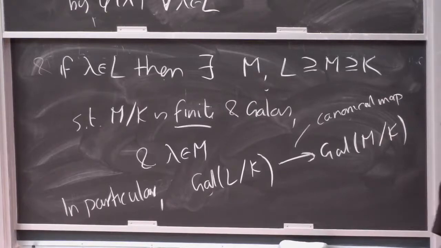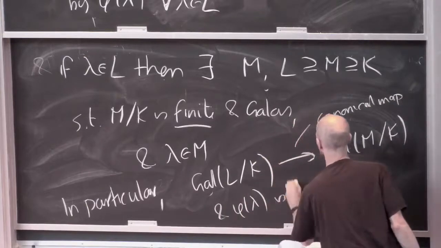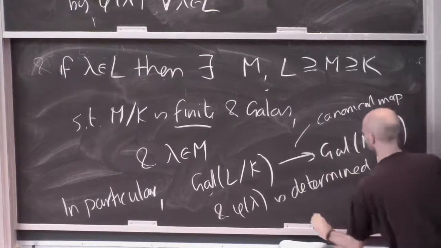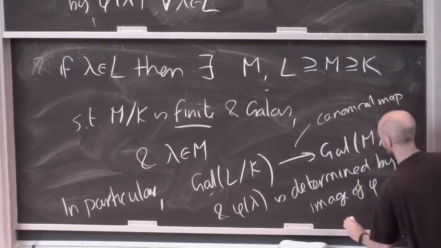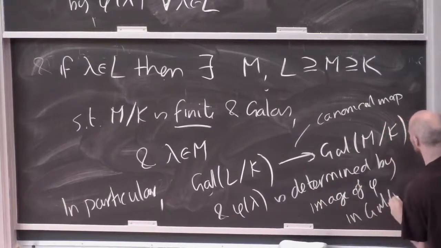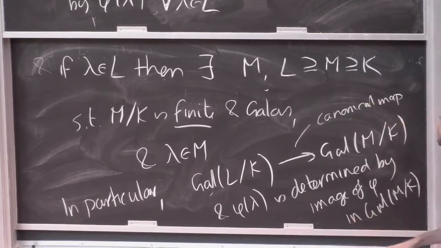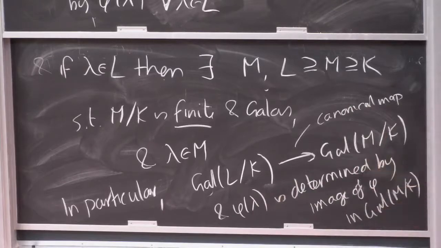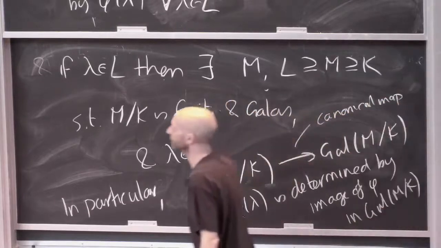And phi of lambda is determined by the image of phi in Gal(M/K). So if I'm not interested in knowing all of phi, if I just want to know what phi of lambda is, I don't have to look in this infinite group. I just need to look in Gal(M/K) instead, where M is, if you like, the splitting field of a min poly for lambda. That would work fine.